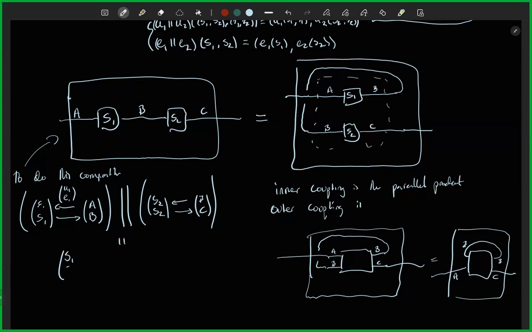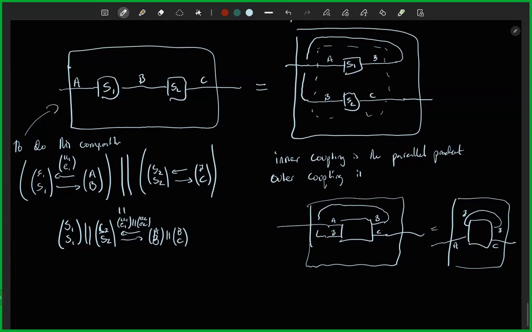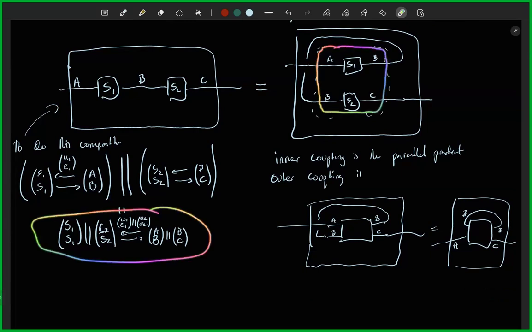S1, S1, parallel product, S2, S2, U1, E1, parallel product, U2, E2, A, B, parallel product, B, C. And that is what happens in this inner box up here. So this new system is this intermediate stage system.